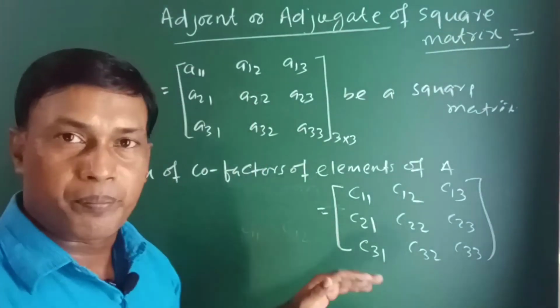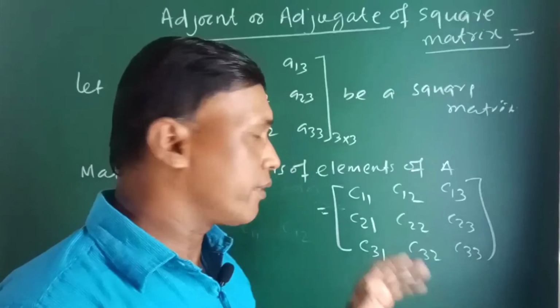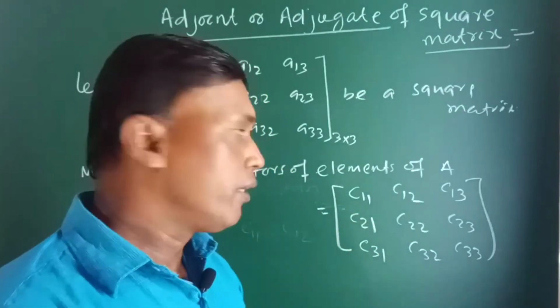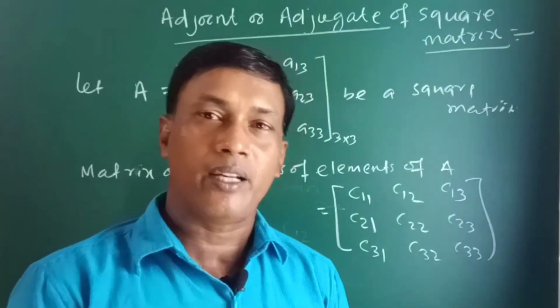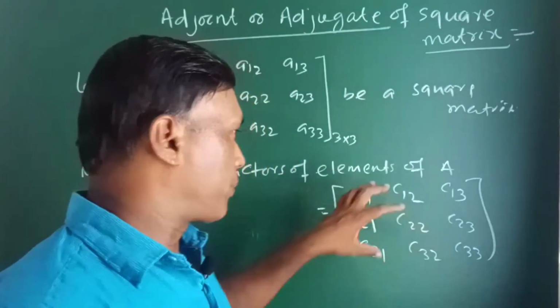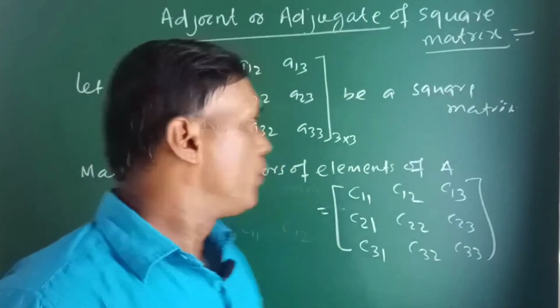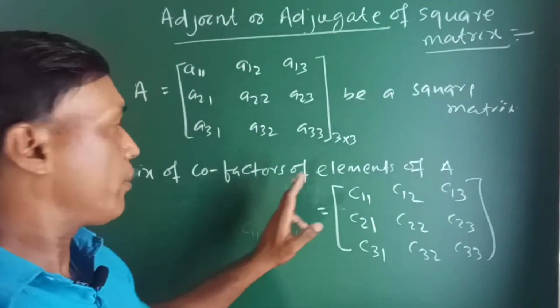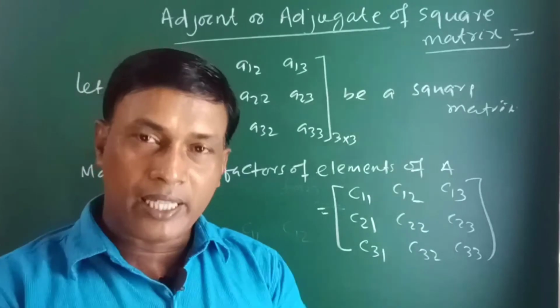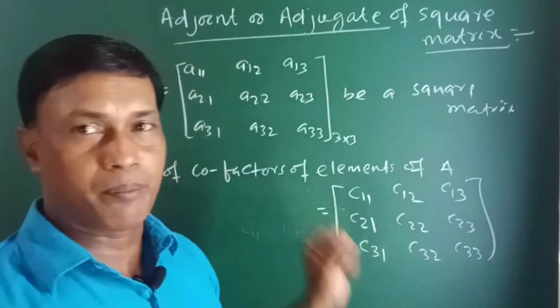So we form a matrix which is formed by the cofactors of each element. हर एलिमेंट का कोफैक्टर हम सब्स्टिट्यूट करते हैं, and this is the matrix of cofactors. मैट्रिक्स ऑफ कोफैक्टर्स ऑफ एलिमेंट्स, एलिमेंट्स का कोफैक्टर को लेके हम मैट्रिक्स बनाए.